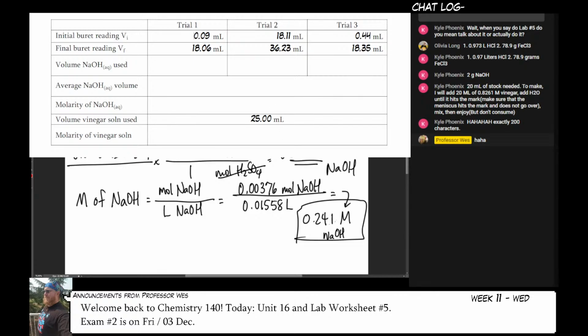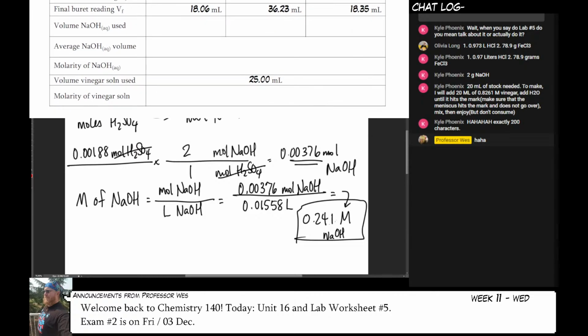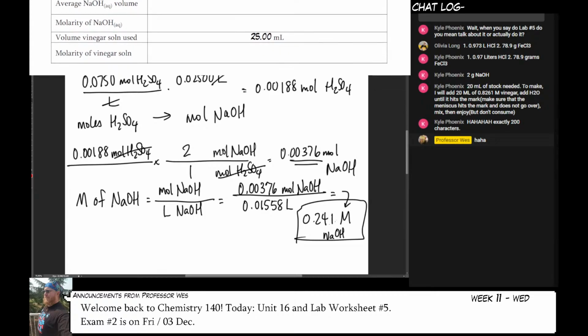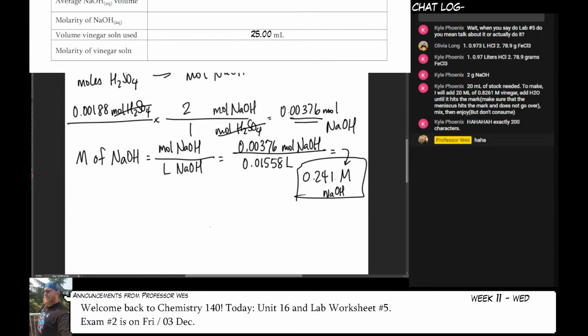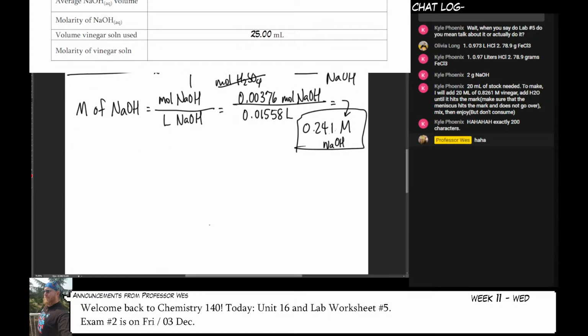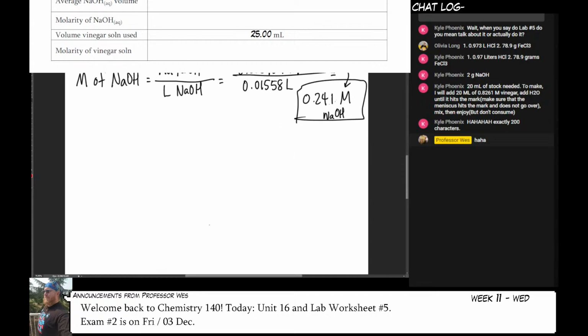So let's do an example of that. We're going to shove this off the screen just a little bit. We'll come back to it in just a second. So instead of using the average volume, I am again going to use trial 1. So there's our molarity for the sodium hydroxide. So sodium hydroxide, we've calculated it to be this.